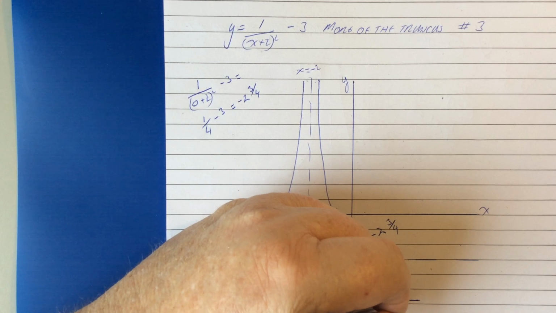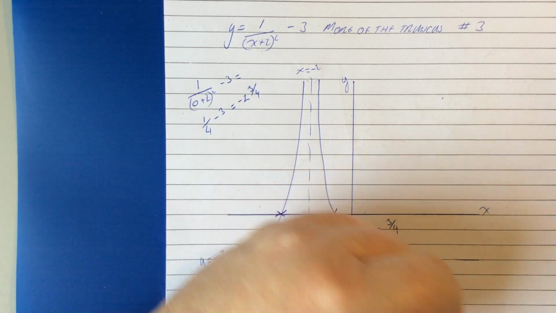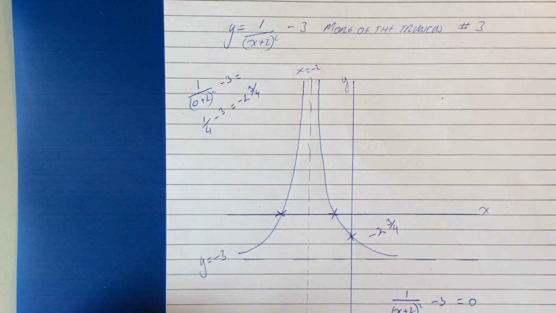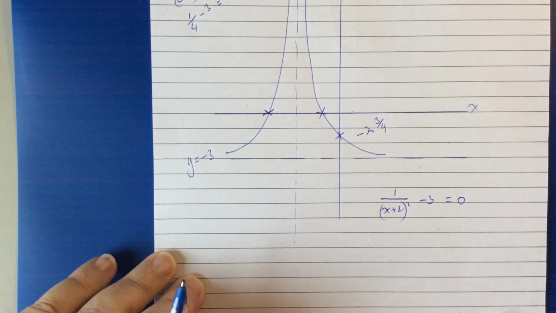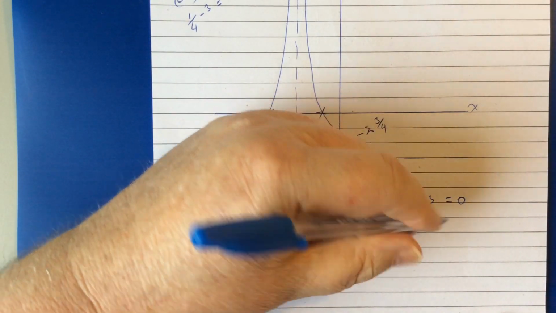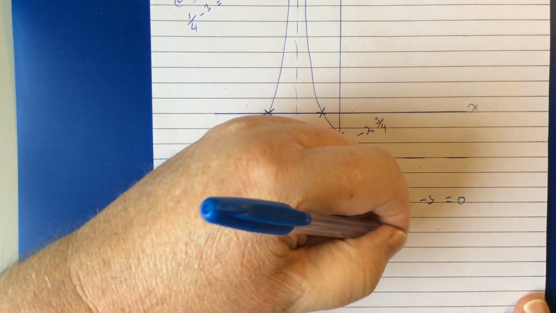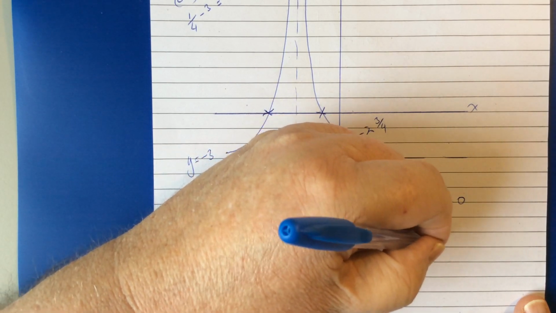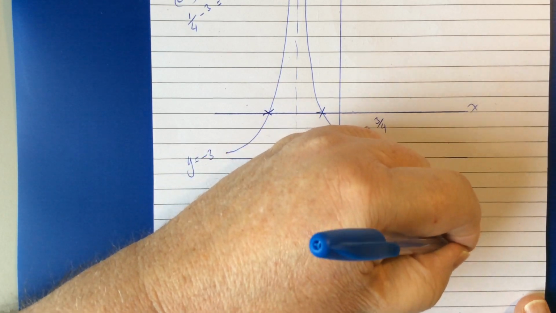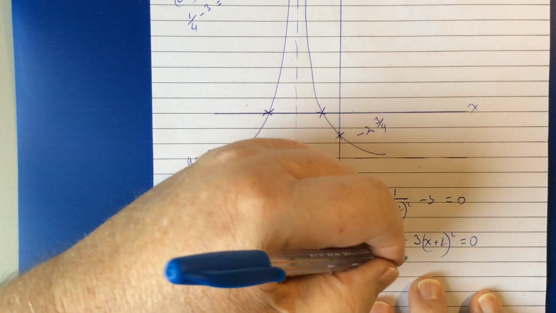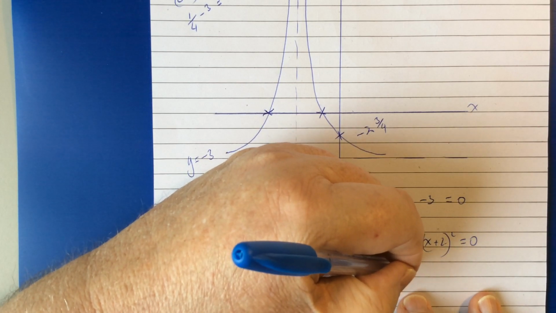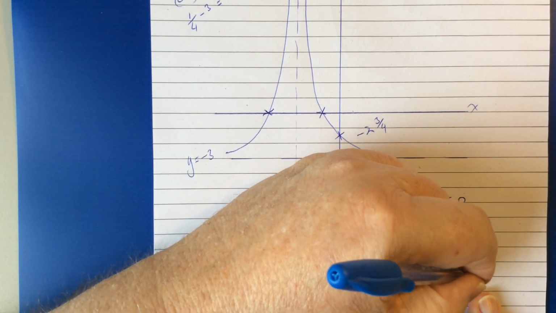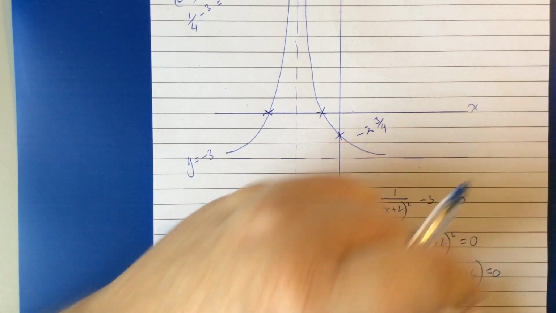We need 1 over x plus 2 all squared minus 3 to equal 0. Now, the easiest way in which to deal with this is to multiply both sides by x plus 2 all squared, and we get 1 minus 3 into x plus 2 all squared equals 0. If we expand that, we get 1 minus 3 into x squared plus 4x plus 4 equals 0.